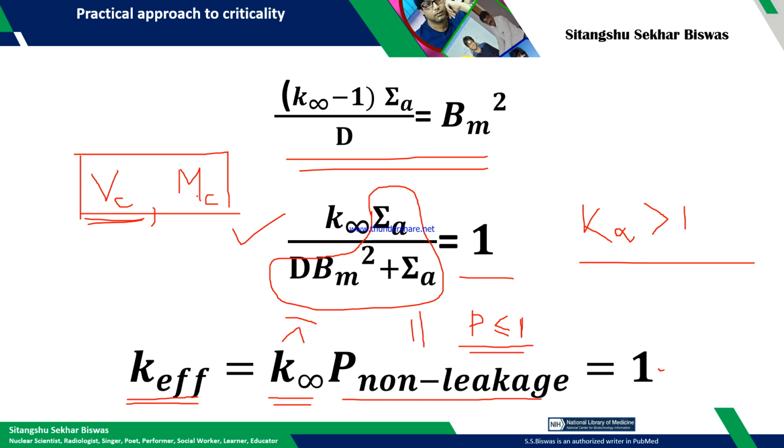If you are able to calculate the critical volume for a particular geometry, and the enrichment or the fissile material density is known to you, then you can calculate the critical mass.